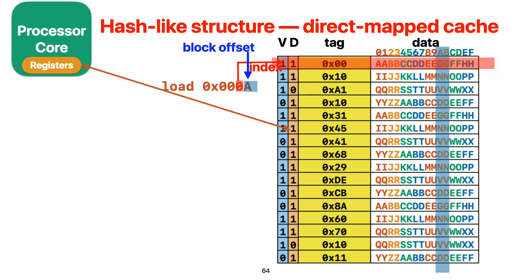For example, in this cache we have 16 blocks, and we can consider each block as a set. So what I have to do is find a few bits within the address as the index that can help me identify if the block is within the cache, and where it is in the cache. If I use 4 bits of the address, that is good enough to address 16 sets within the cache as the index.